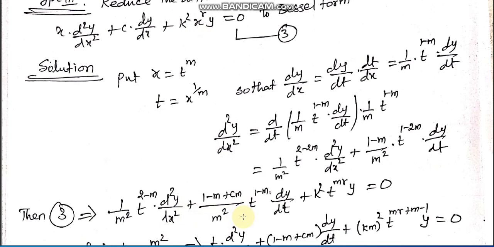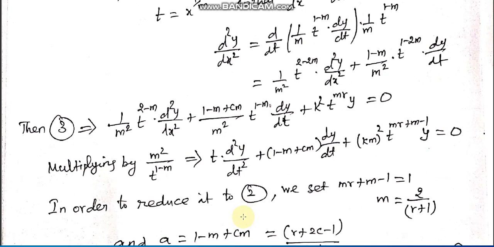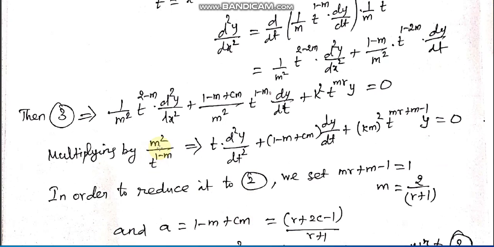On substituting y, dy by dx, d square y by dx square in equation 3, we find this type of equation. On multiplying this equation by m square by t power 1 minus m, we can find this equation. In order to reduce it to equation 2, we let mr plus m minus 1 equal to 1.